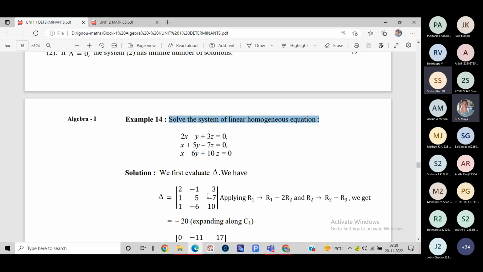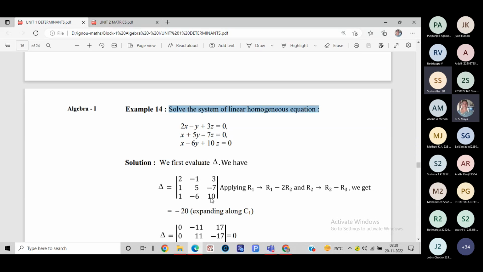How much are you getting? Minus 17. See, 2 into 10 minus 5 sevens, 50 minus... minus into minus plus 6 sevens are 42.